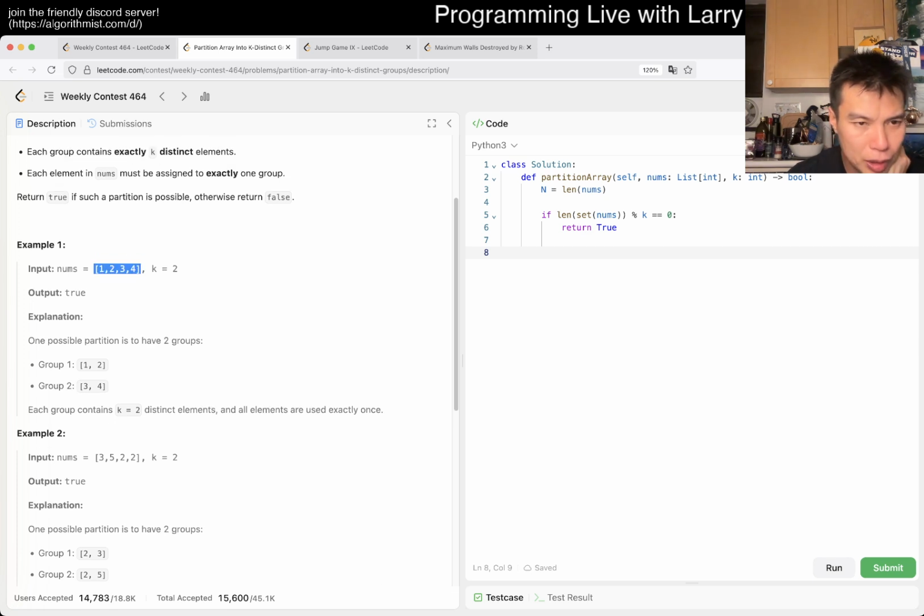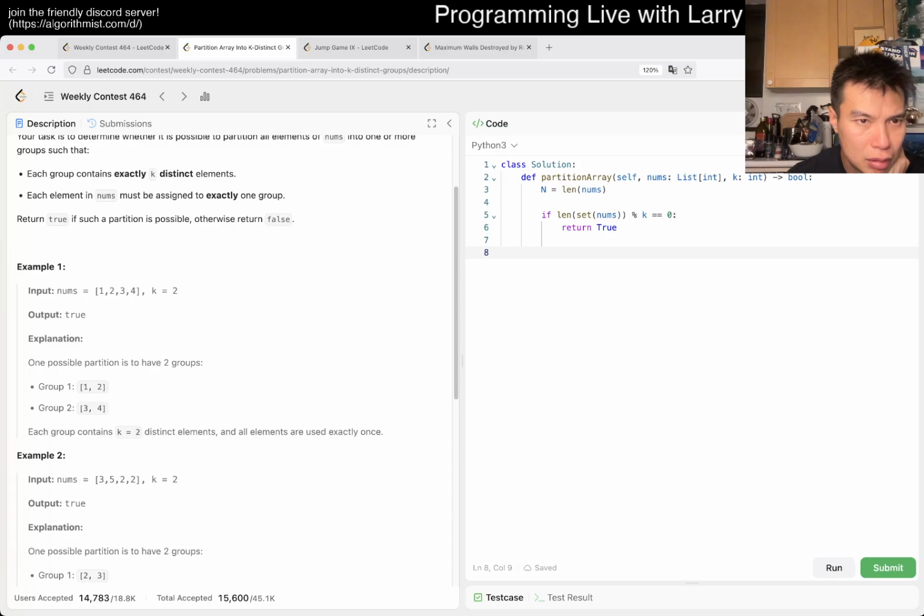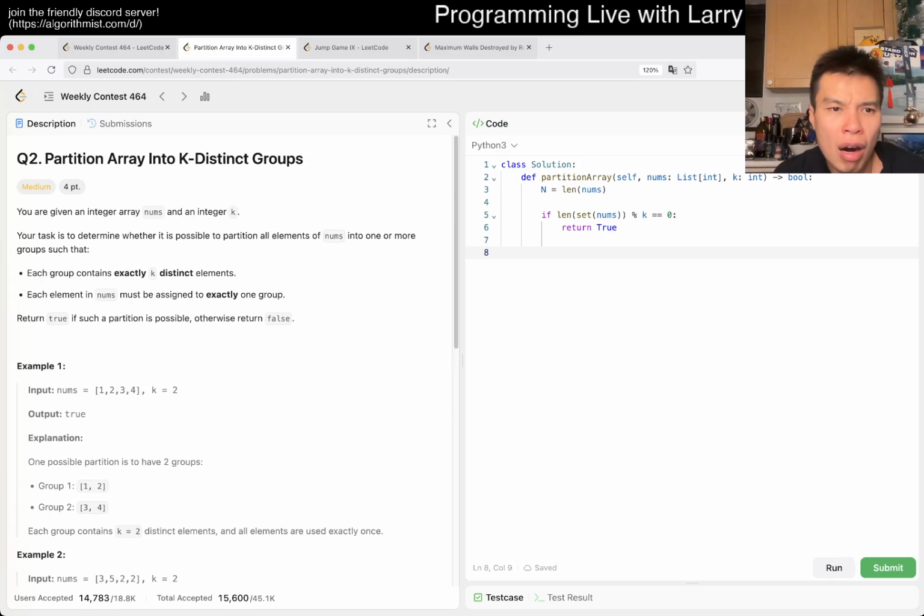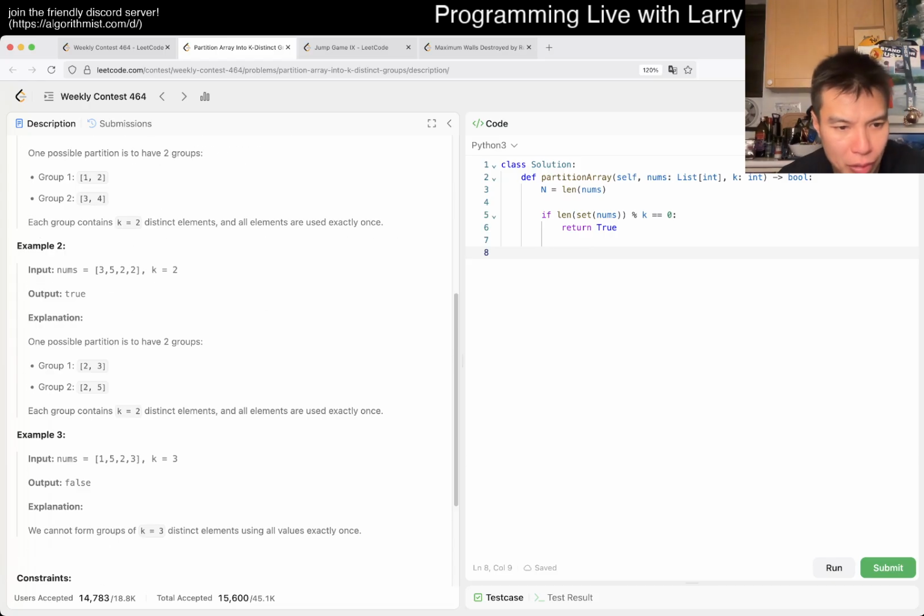One group is all of them, two groups, and then three groups, how would you even break it up? I mean, it's not possible. I think I'm missing something very obvious. Do I draw it out? I mean, it's all about the distinct numbers. So what does that mean?